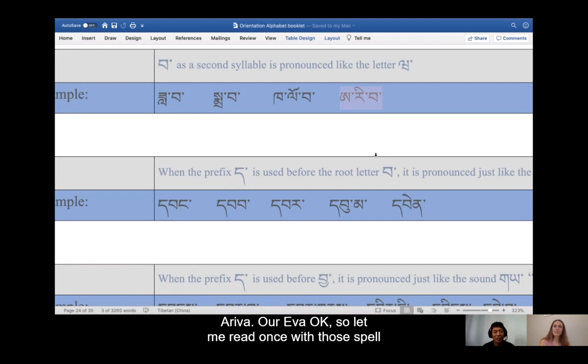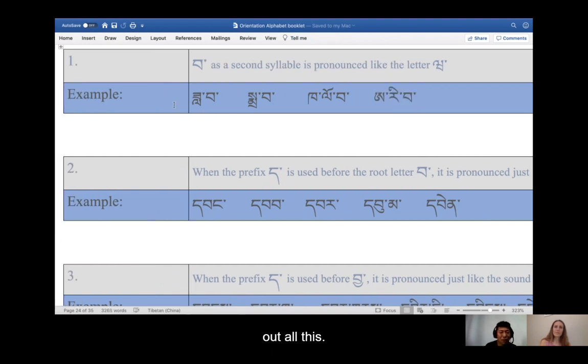Okay, so let me read once without spelling out all these. Tawa, mawa, kalowa, ariwa.